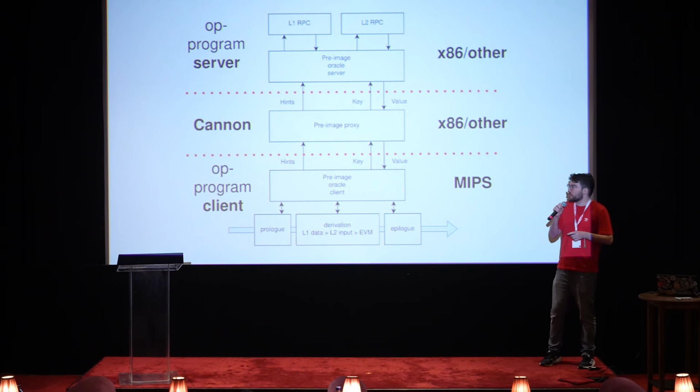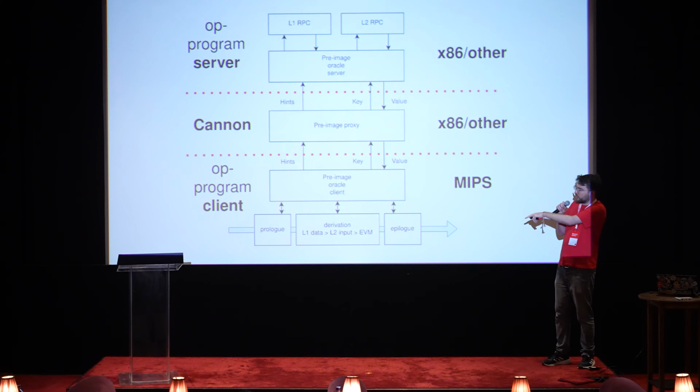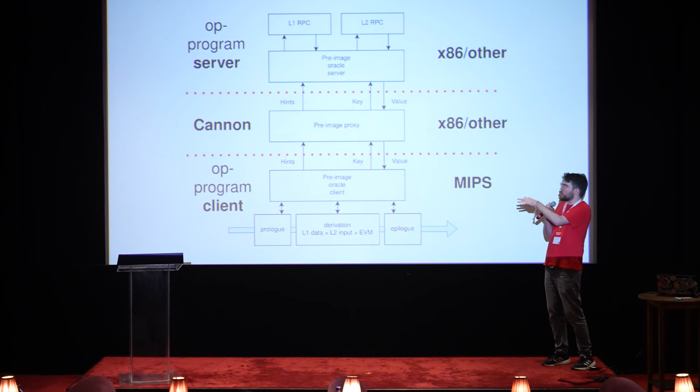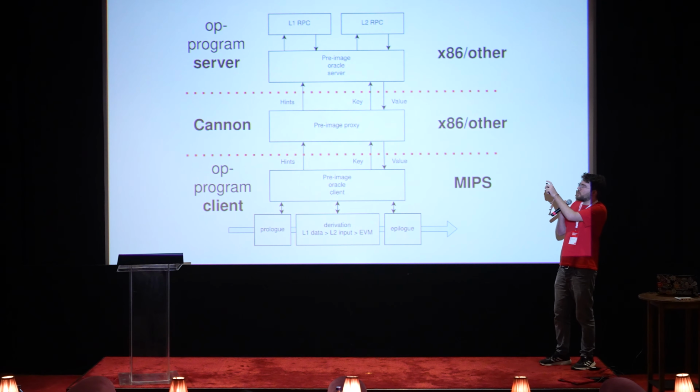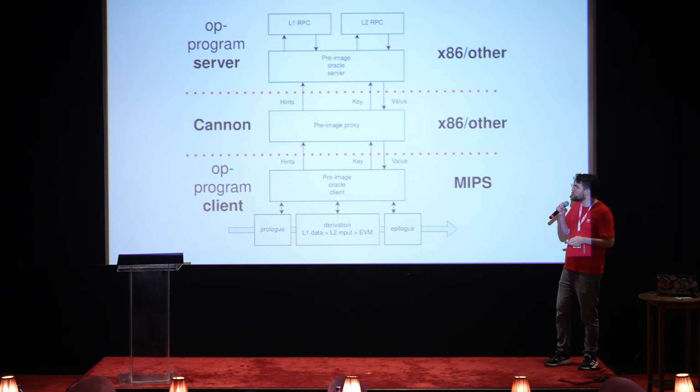So we're going back to this image where the server is providing this data to Canon, and Canon is passing it on to the emulated client. And this is what we want to customize, right? If we don't want to have the exact EVM implementation as the OP stack, then we need to change the data that we're importing into the execution so that the execution can process the new type of transaction or whatever you might introduce.